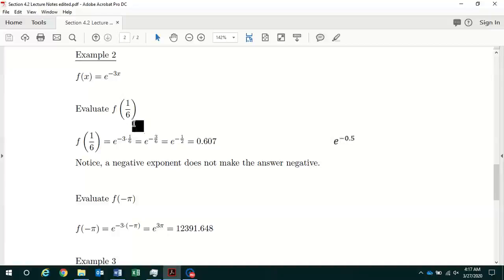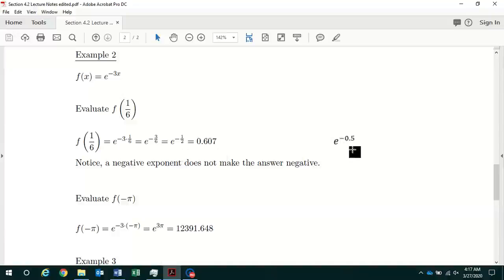So to evaluate the function at x equals 1/6, we just put in 1/6 for x on the right-hand side of the equal sign, and we have f of 1/6 is equal to e to the minus 3 times 1/6 power. Minus 3 times 1/6 simplifies to minus 3/6, and minus 3/6 simplifies to minus 1/2. So f of 1/6 is equal to e to the minus 1/2 power.